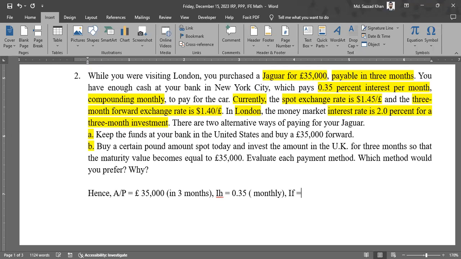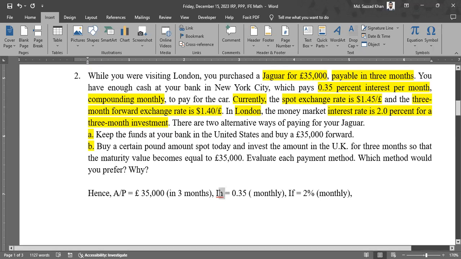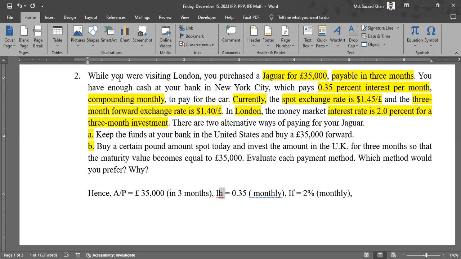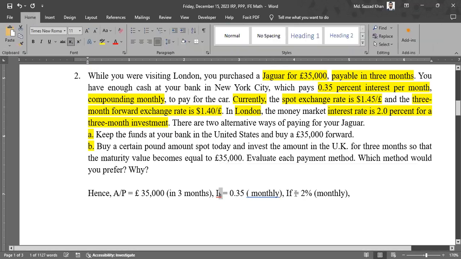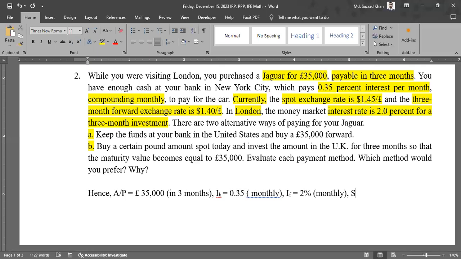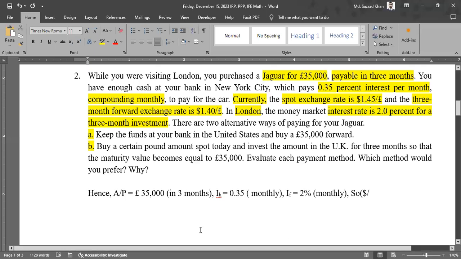IF is also in monthly, right? Let me subscript it, better understanding. Okay. And spot rate given to us in dollar and pound form, right?